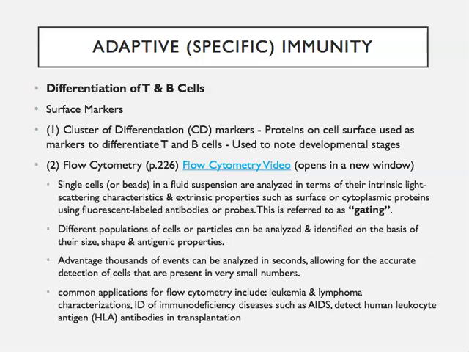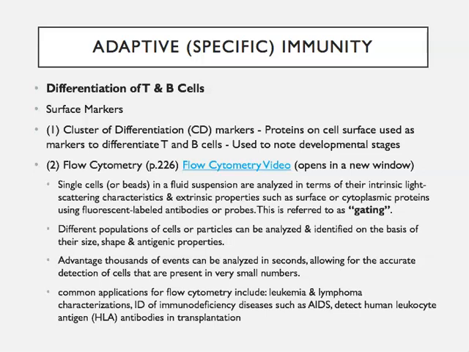That's done in two different ways, with both forward scatter and side scatter. Both are measured and analyzed in terms of their light scattering characteristics and intrinsic properties such as surface or cytoplasmic proteins. That gets done using fluorescent labeled antibodies or probes.